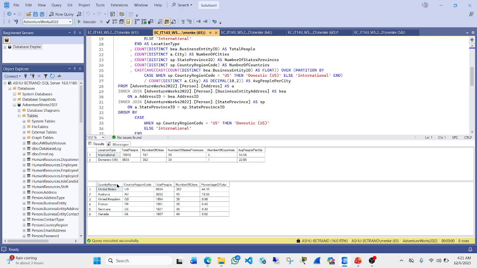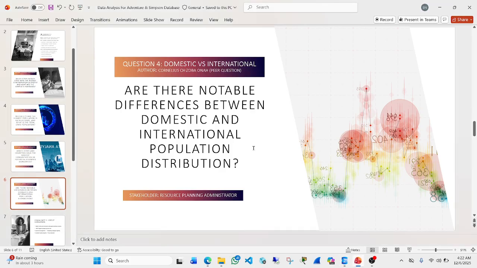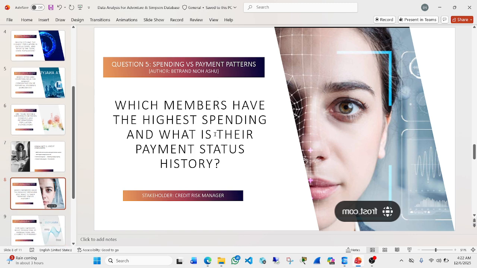For example, we notice that the US deserves more attention, because the US is around 2.5 times Australia. The US has more students than Australia. It's already 44.10%. You can imagine. So that is for brother Chizoba's question.